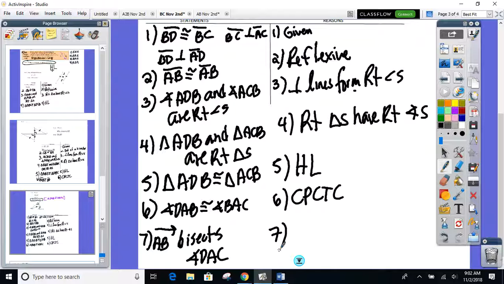The triangle congruence doesn't make it a bisector. So what I'm going to write is: because angle DAB is congruent to BAC. That tells me it's a bisector, because those two individual angles are equal. All right, please do not write definition of a bisector as your reason for calling it a bisector. We okay here? A little bit different, I know. You're going to see that more and more now.